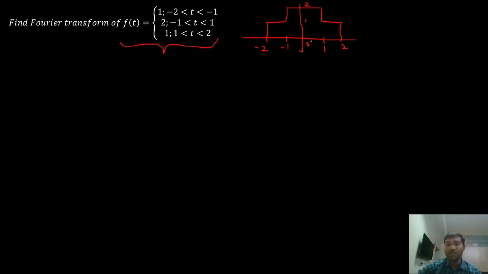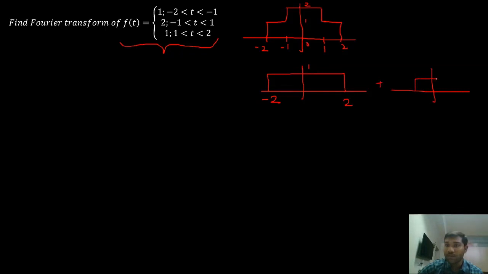So this function, I will try and represent it as a sum of two different functions. Right now I can take a function from minus 2 to plus 2 with amplitude 1, and another function from minus 1 to 1 with amplitude 1.